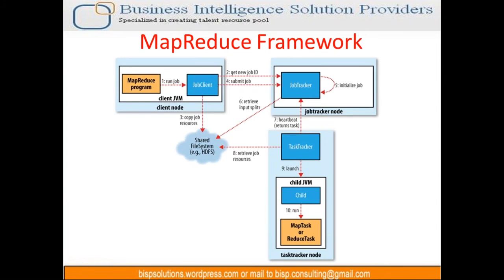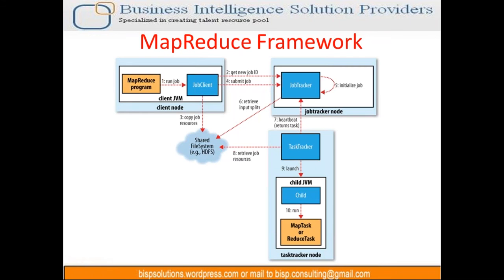Now the MapReduce framework, the sequence of the operation looks like this, and this slide is very important to understand what happens internally if you submit a MapReduce job. The first step that you see over here is you write a MapReduce program, put it on the cluster, and then invoke it.